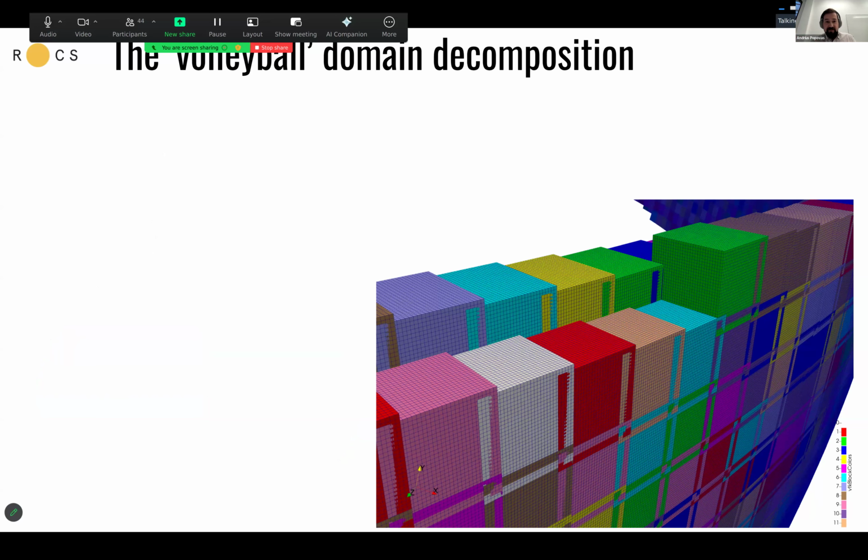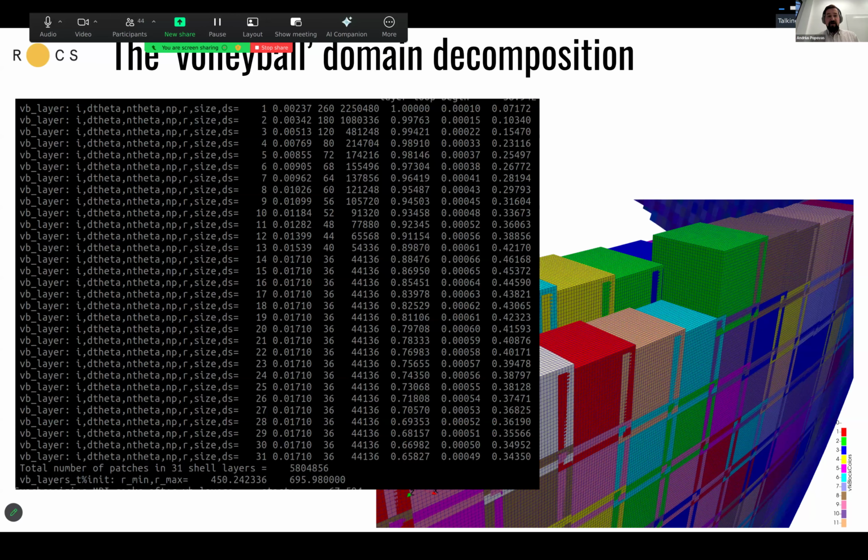Yeah, and this is an example of a simulation, how these layers are set up. So this run has 31 shell layers, and you can see that the topmost has 260 patches. Each patch has 24 cells cubed. And then the smallest cell size is around 71 kilometers.